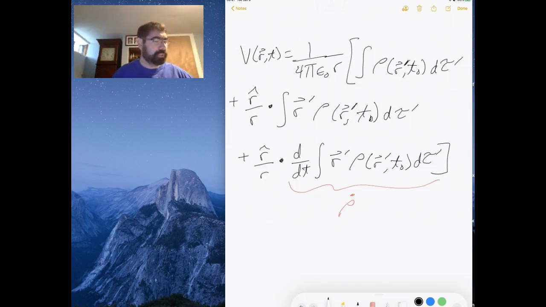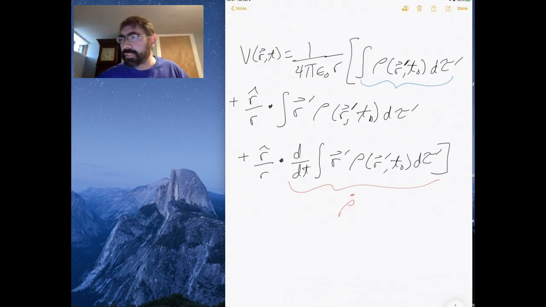Okay, so now I have these three integrals to solve, and if I look at them, the first one, this one right here, is just a charge q at a given time t0. So it would be q at t0.